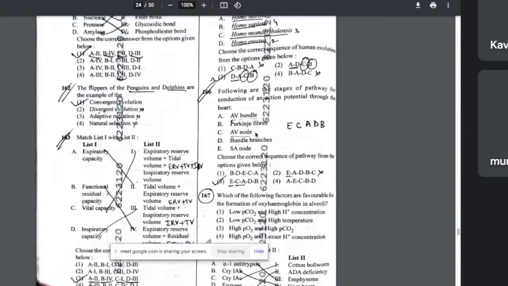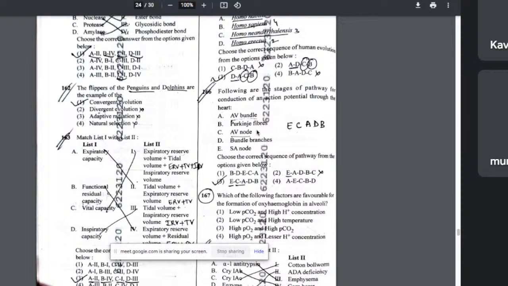Next, what is the pathway in which the action potential will go? You should know that SA node originates the signal. The neural signals are originated in the SA node. SA node transmits it to the AV node, and AV node will pass it on to the bundle, and the bundle will branch, and finally Purkinje fibers are those fibers which are present on the walls of the ventricle.